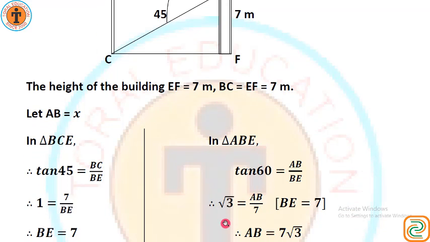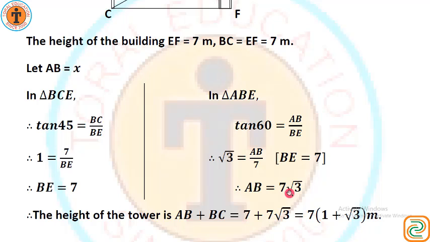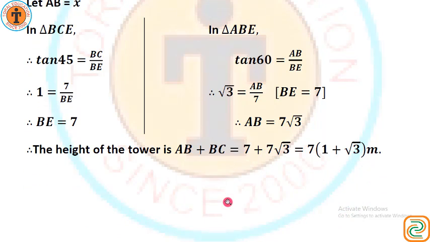Tan 60 is root 3, so root 3 equals AB upon 7. So AB equals 7 root 3. Therefore we have the answer. The height of the tower is AB plus BC equals 7 plus 7 root 3. Taking 7 common, it is 7 times (1 plus root 3) meter.